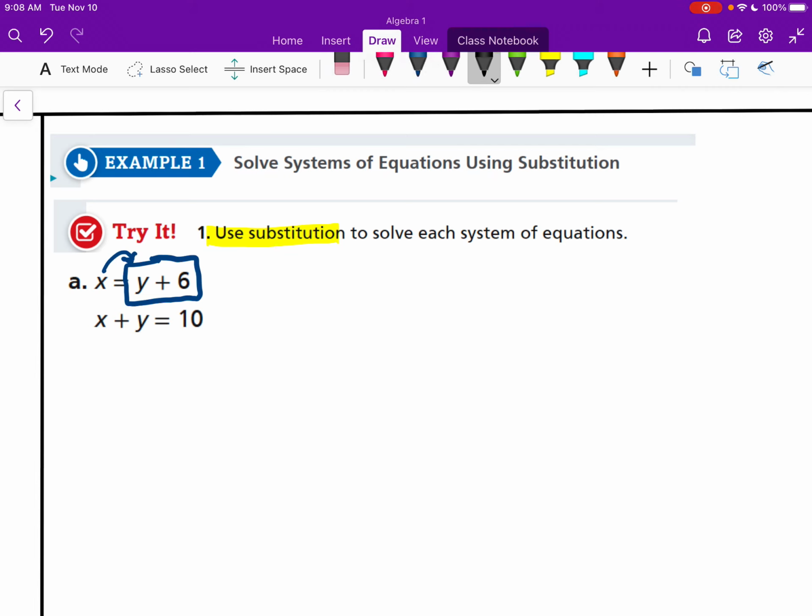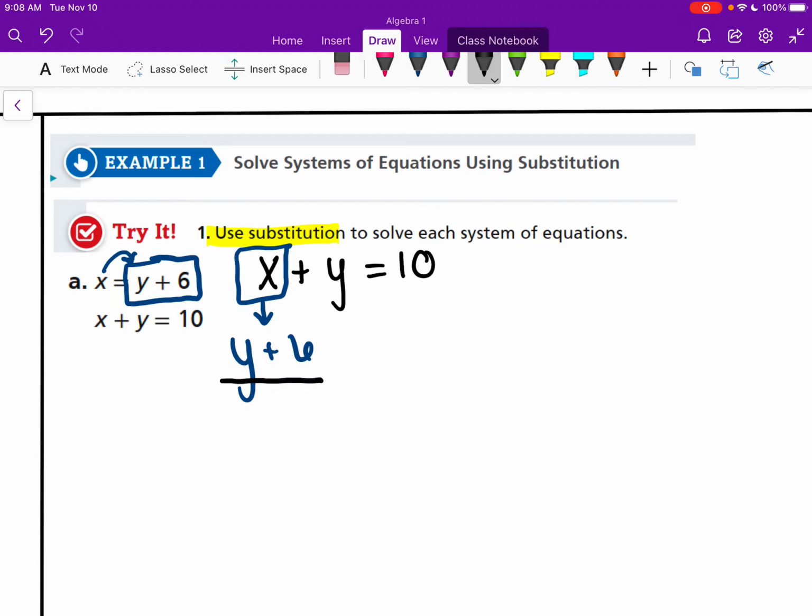So we have our equation x plus y equals 10, and we were just told that x is equal to y plus 6. So now we substitute that, and instead of x in our equation, we have y plus 6, then plus y equals 10.